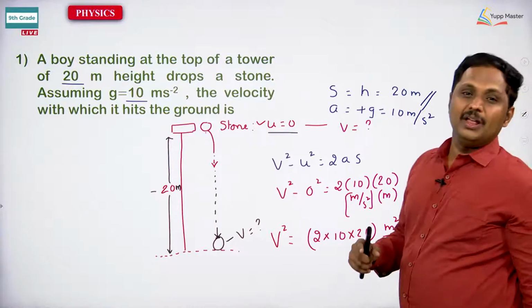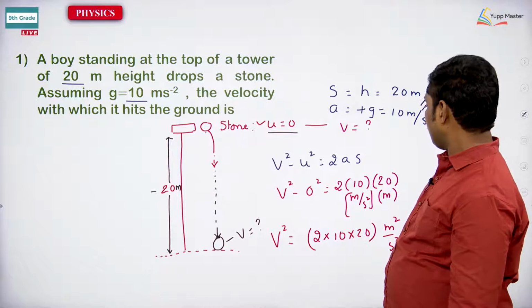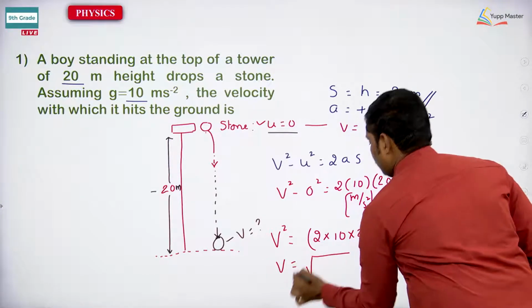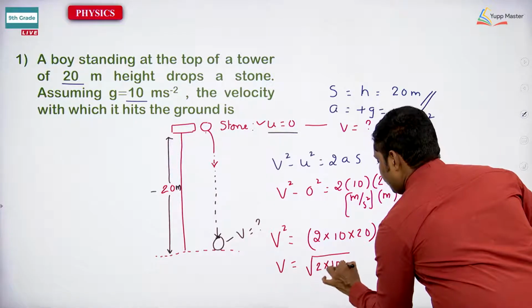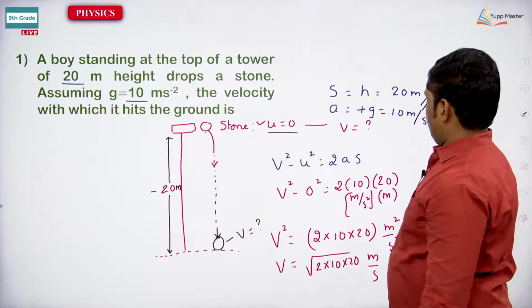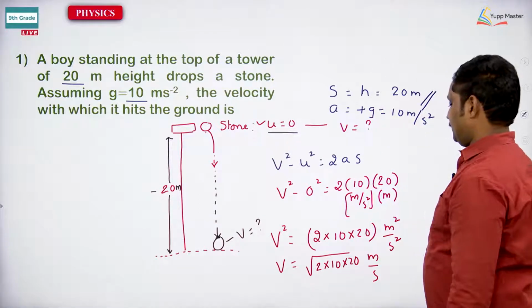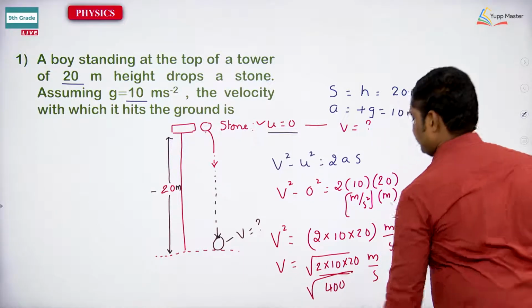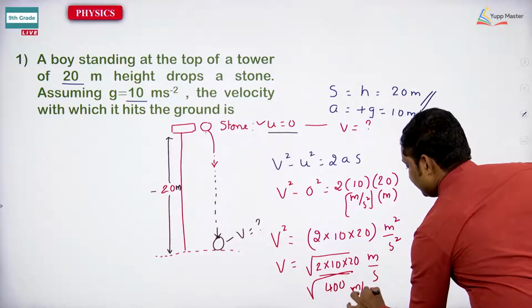It is very clear. Now you can solve this problem easily. Therefore v is equal to root of 2 into 10 into 20 meter per second. It is going to be root of 400 meter per second.